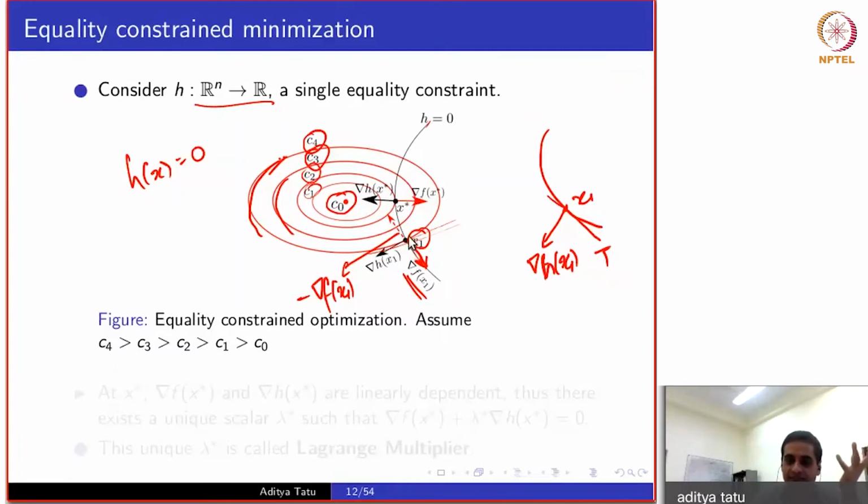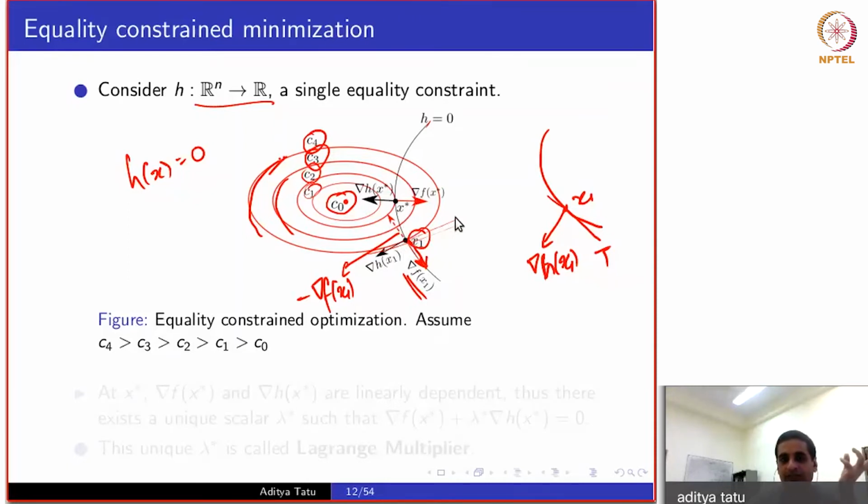That means in that direction, the value of the cost function f has to decrease. Since there is a point around x1 at which the function value decreases, this point x1 cannot be a point of minima.